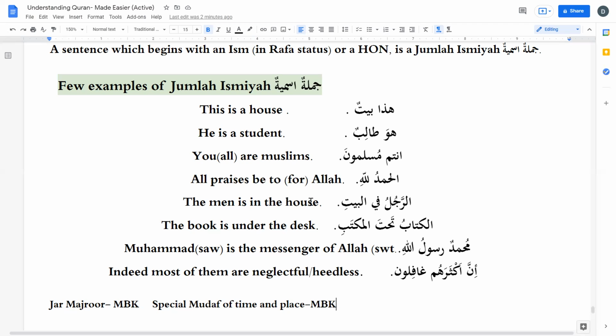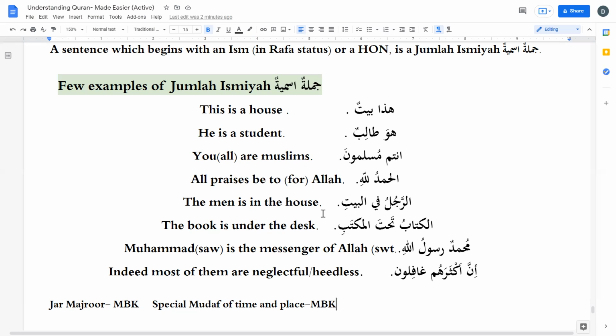The same way, in the next sentence, which type of fragment do we have? Tahta al-maktabi. Tahta is a special mudaf of place, right? Tahta is a special mudaf of place, and al-maktabi is mudaf ilayh, right?